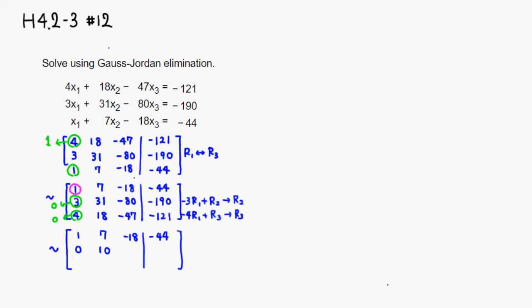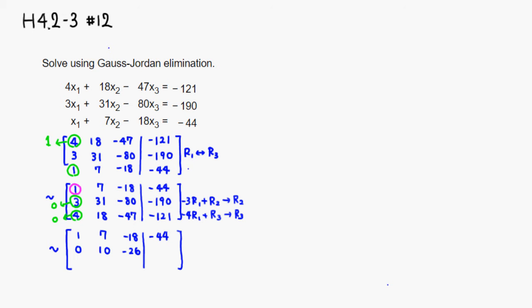Negative 18 times negative 3, that's 3 times 8 is 24, so it's 54. Positive 54 added to negative 80 would be negative 26.